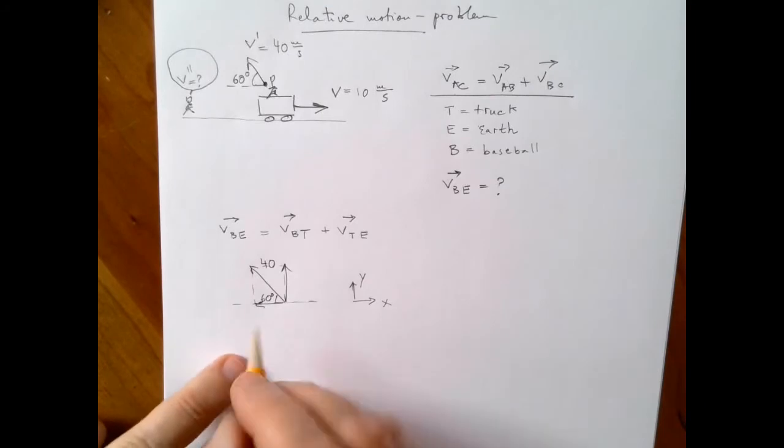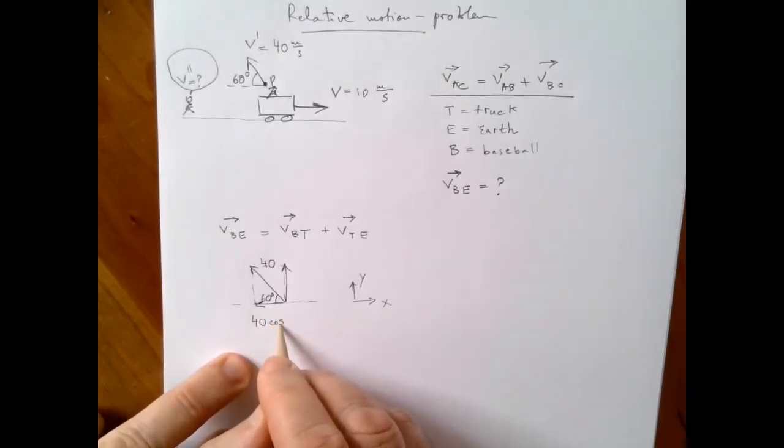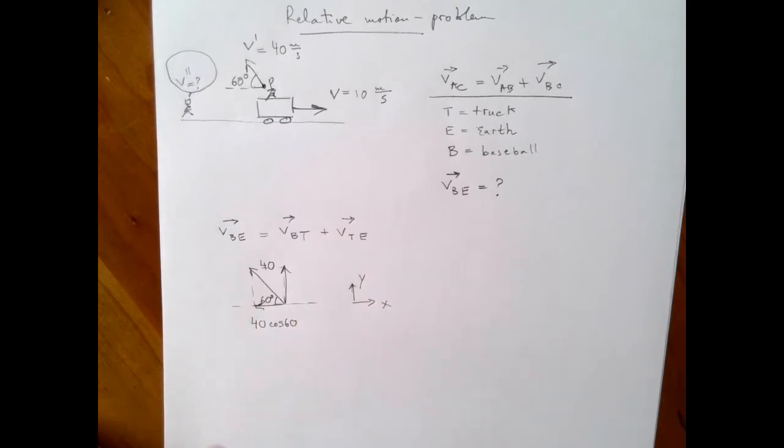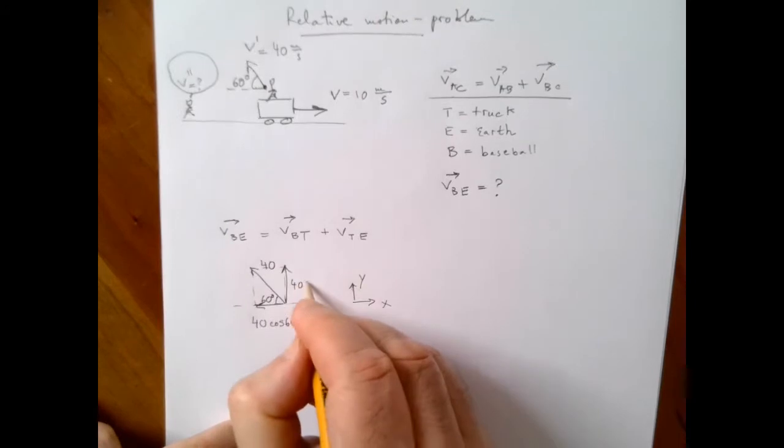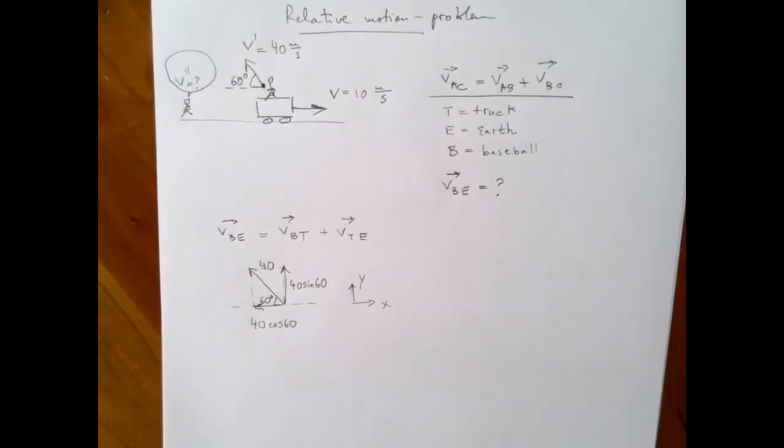Simple trigonometry shows us that this side of the triangle will be 40 times cosine 60, while this side of the triangle will be 40 times sine 60.